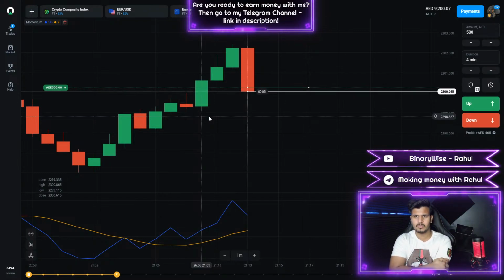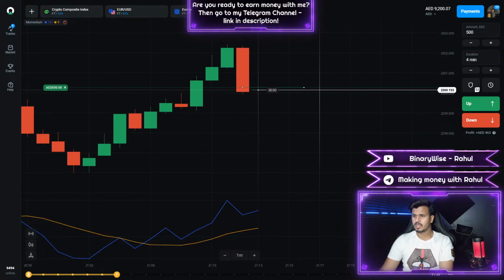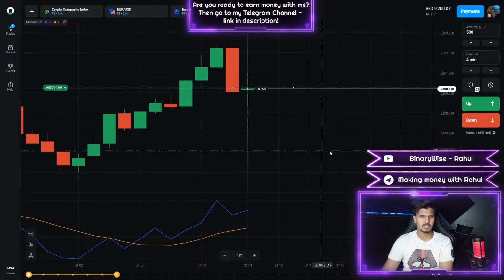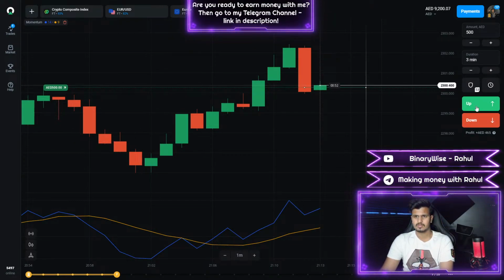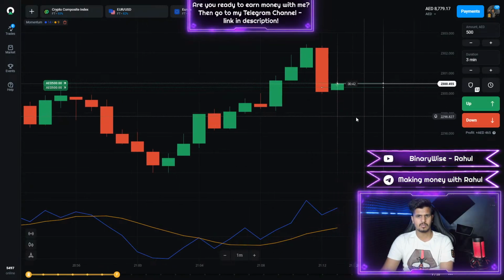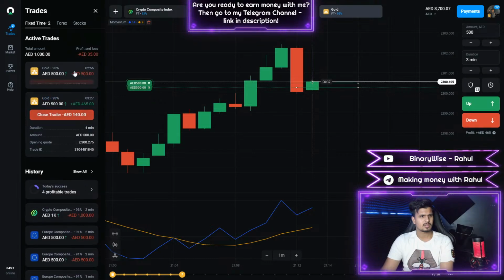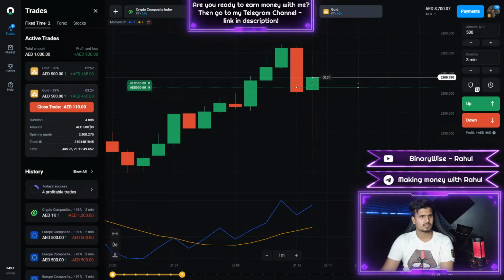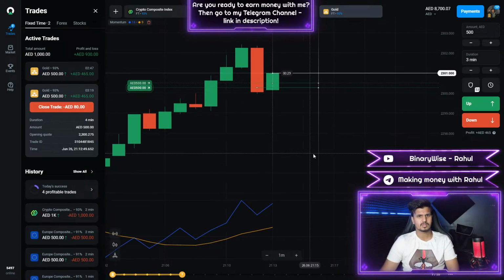Let's see this trade for the 4-minute duration. 4 minutes are enough. I think it will come back again to the upward direction after the 4 minutes, and it is trying to move to the upward right now, but it will take time. Let's make one 4 minute and another one for the 3 minute. 2 minutes, 3 minutes remaining.